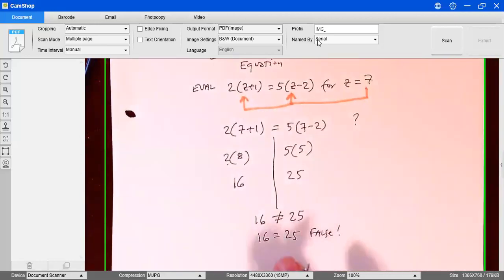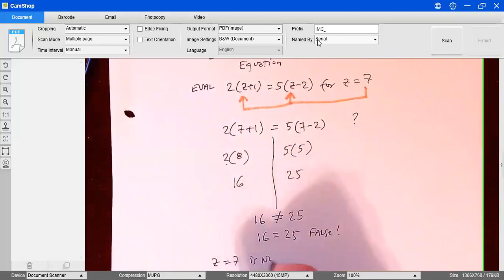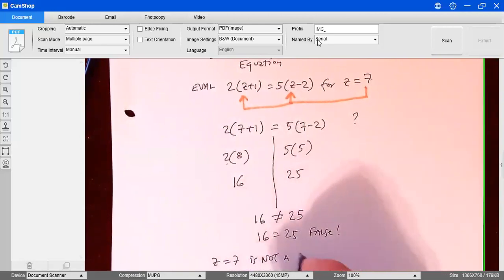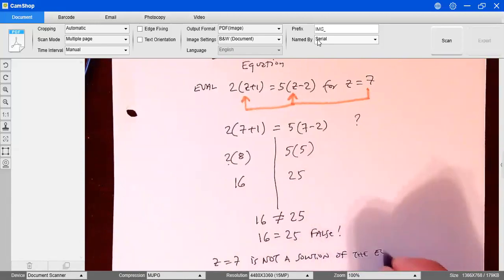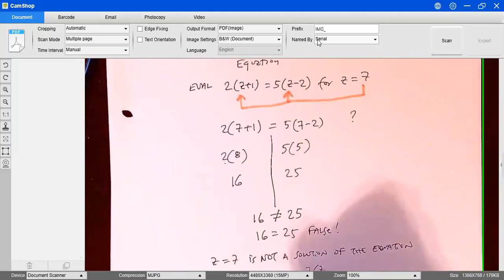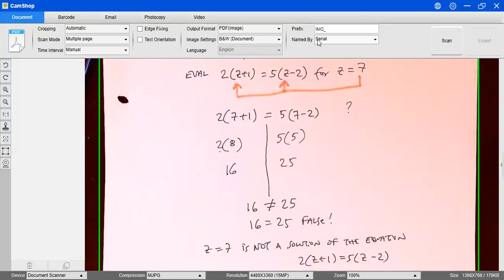So that means that z equals 7 is not a solution of the equation 2 times (z plus 1) equals 5 times (z minus 2). So 7 is not a solution.